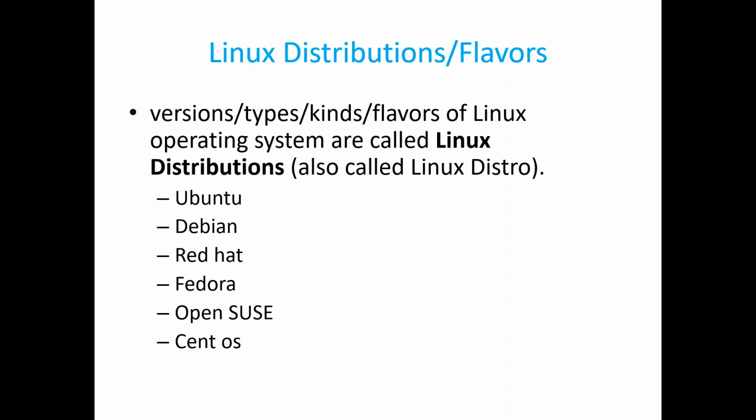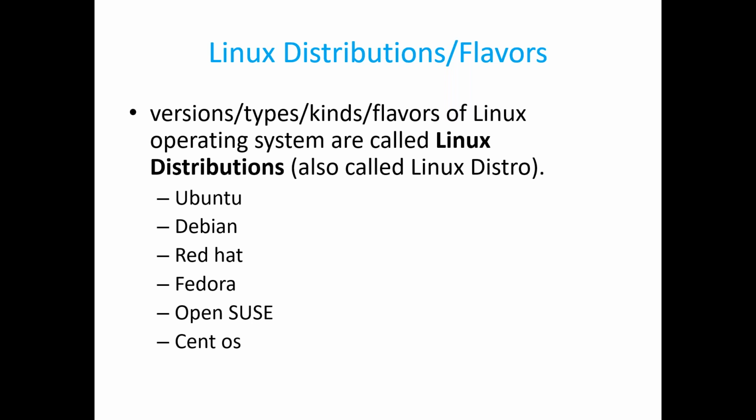Let's get started. First, let's talk about Linux distributions or flavors. First of all, let's try to understand this term distribution or flavor. What is a distribution? What is a flavor? I'll give a very simple example. Let's say someone is using a Samsung smartphone. What's the mobile operating system there?